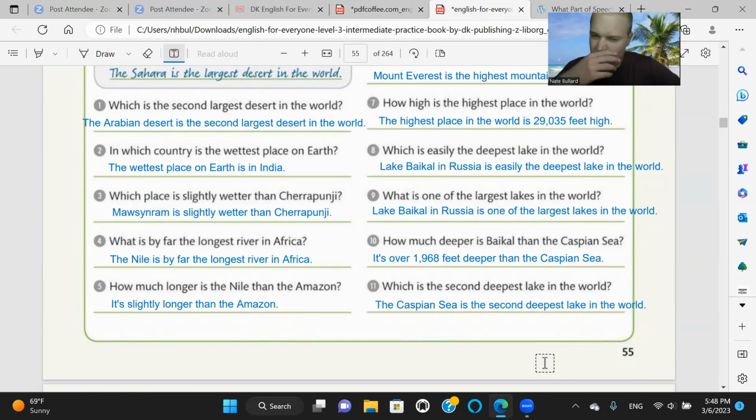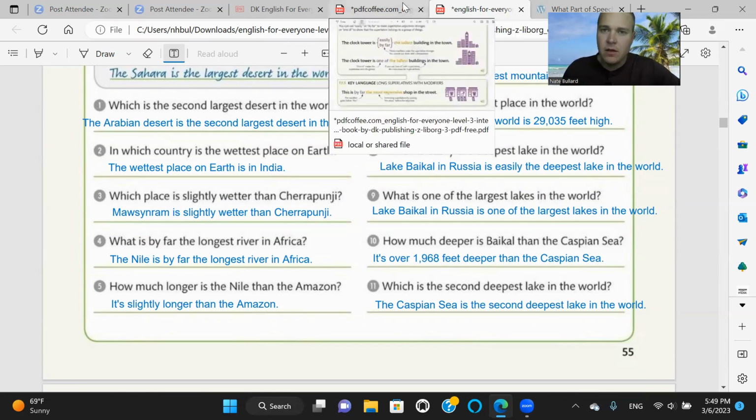Estoy pensando en español, ¿cómo lo vamos a decir? The Caspian Sea es el lago segundo, es el segundo más profundo lago en el mundo. O es el lago segundo más profundo en el mundo. Creo que se puede decir de cualquier modo.